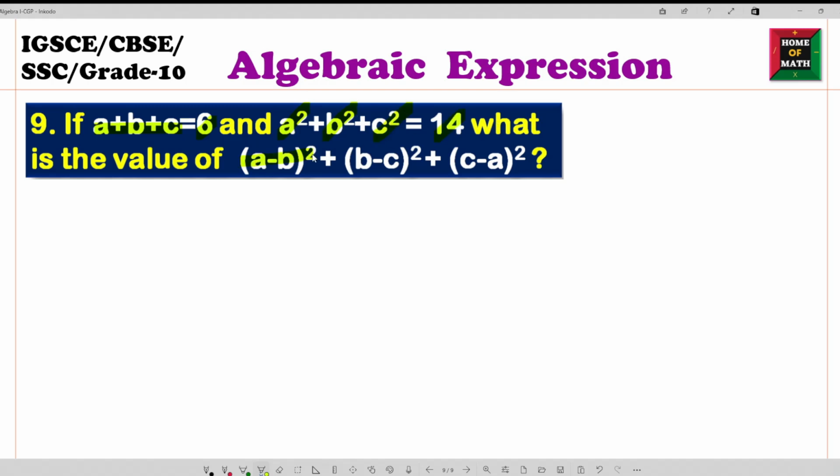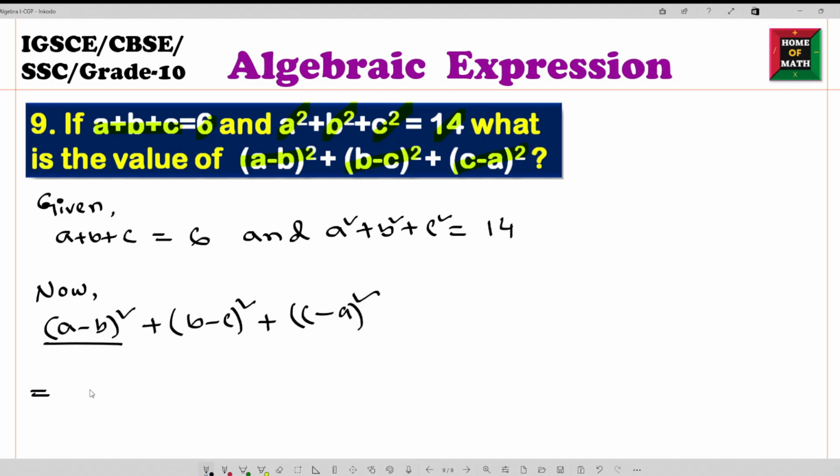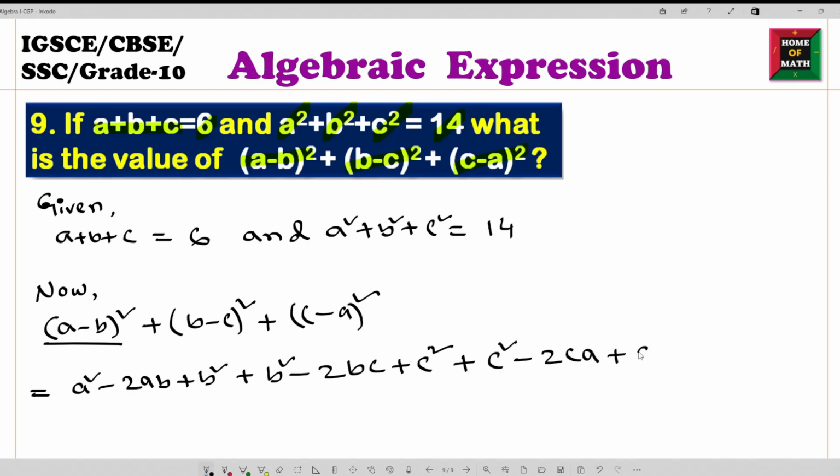What is the value of (a − b)² + (b − c)² + (c − a)²? Now we can write (a − b)² = a² − 2ab + b², and then (b − c)² = b² − 2bc + c², and then (c − a)² = c² − 2ca + a².